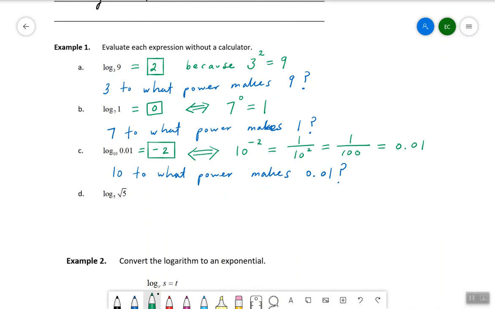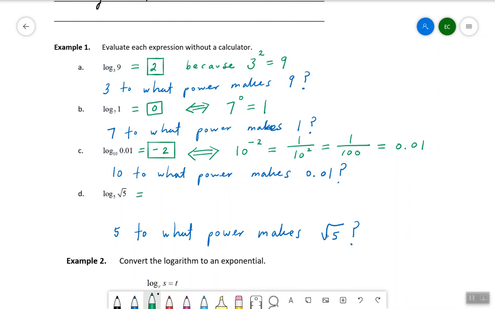Let's do one more. Five to what power makes the square root of 5? We've talked about this a little bit in the last two sections.